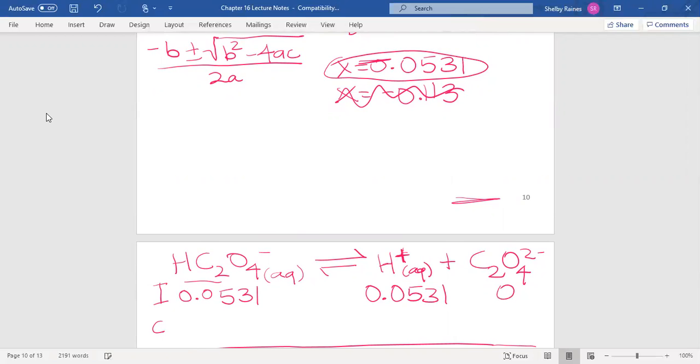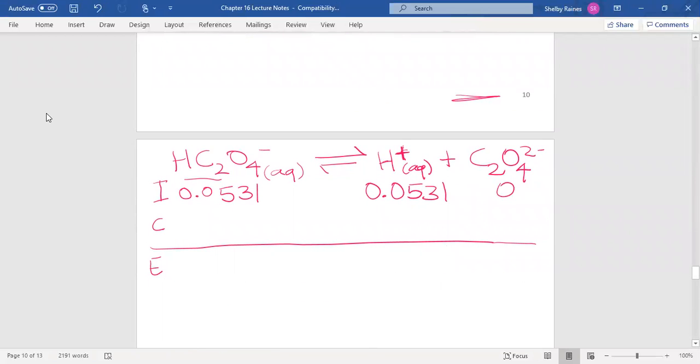We still don't have any of that. Since we have a reactant and a product present, normally we would calculate Q, but we don't have all product present. So our Q is still going to be telling you that the reaction is proceeding to the right. Okay, so I'm still going to subtract X here, plus X, plus X.